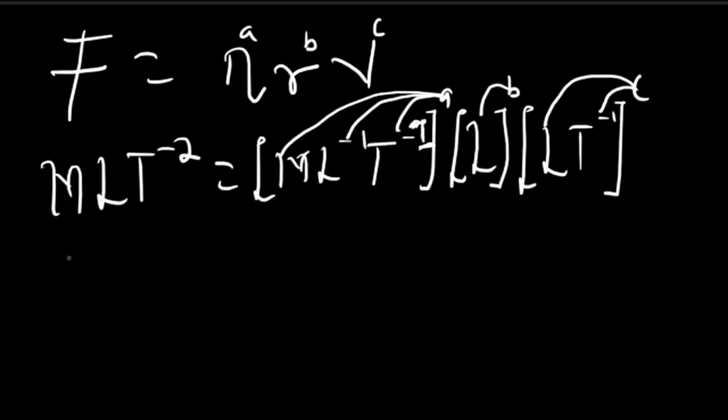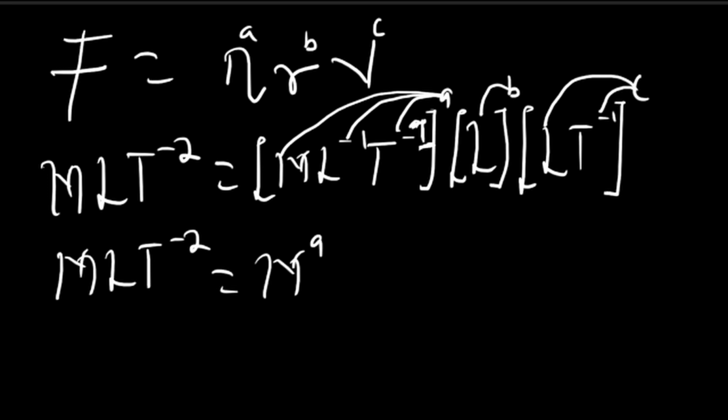So let's do that. We have M, L, T minus 2. This is equal to, so this M now becomes M to the power of a. Remember that we're distributing, okay? Next we have L to the power of minus a. Here we have T to the power of minus a. Remember that this is minus 1. So minus 1 times a gives you minus a.